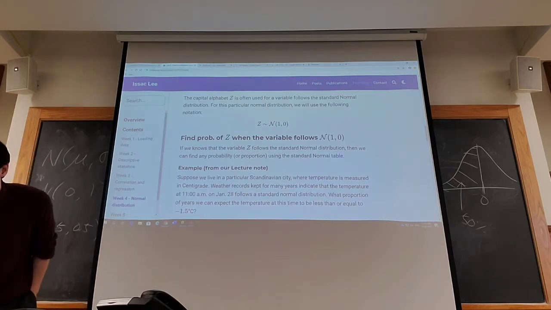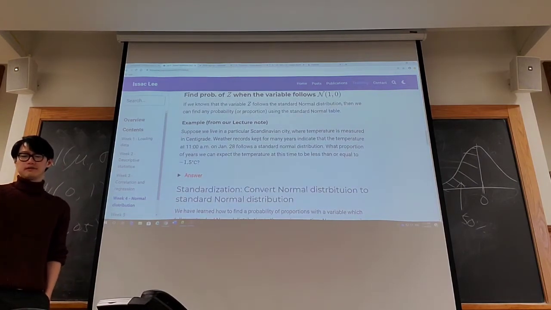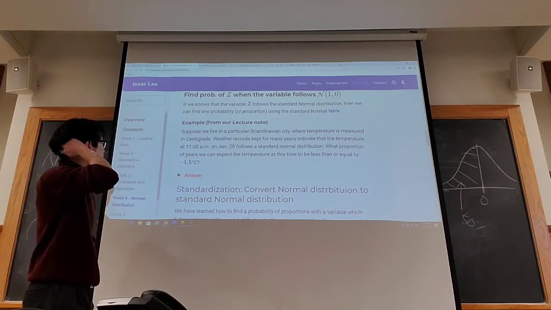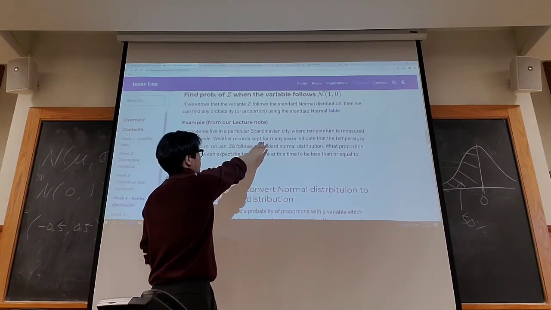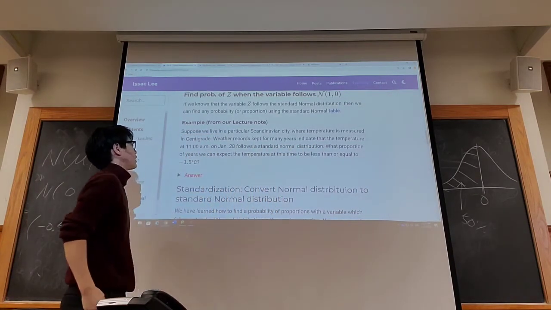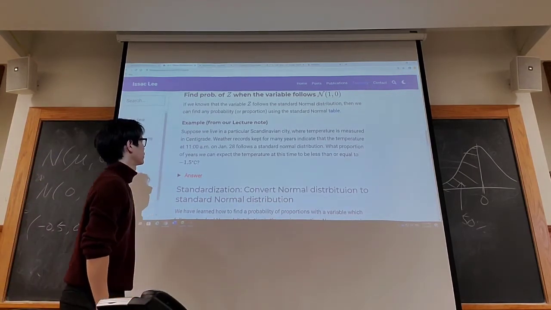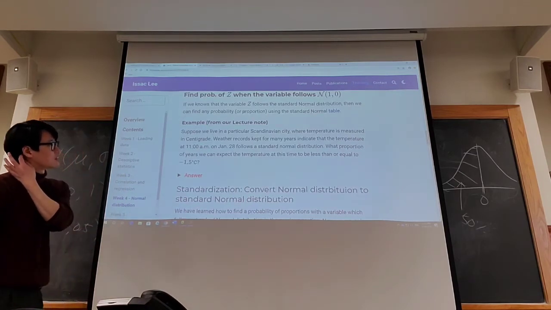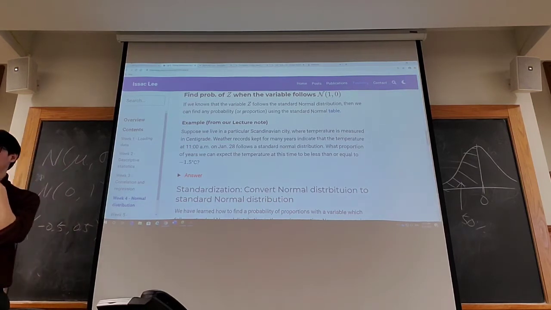And then we have an example that, let's say we live in a specific area, and we record the temperature in Celsius. Weather records kept for many years indicate that the temperature at 11 a.m. on January 28th follows a standard normal distribution. What proportion of years can we expect the temperature at this time to be less than or equal to minus 1.5 Celsius? How can you calculate that?